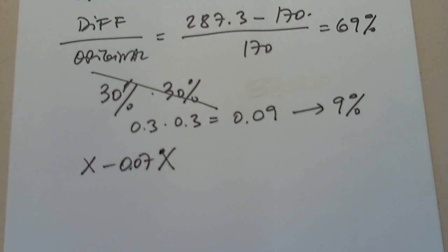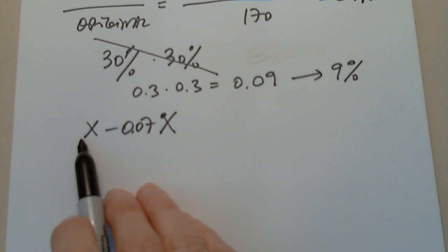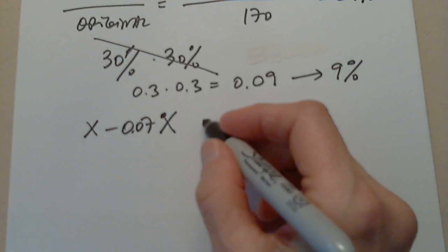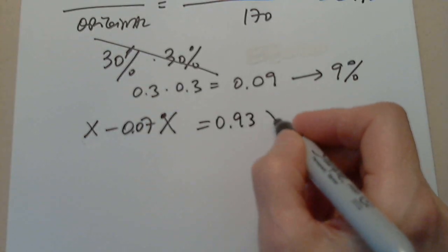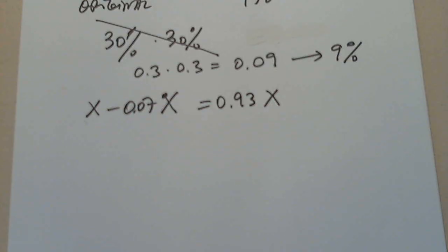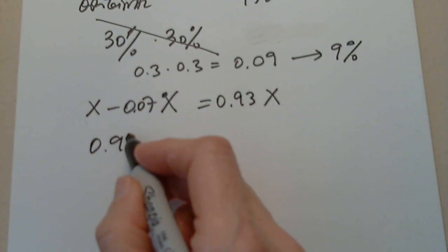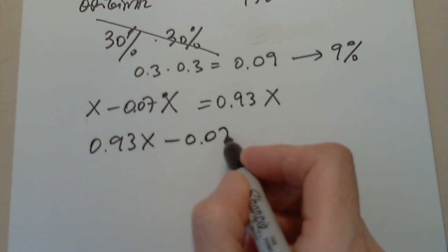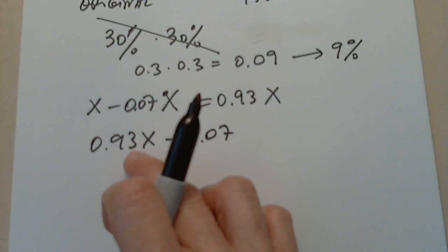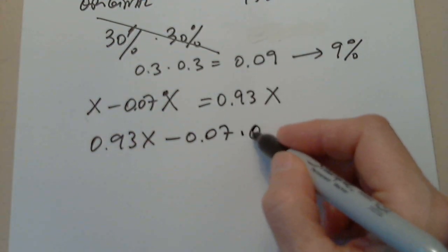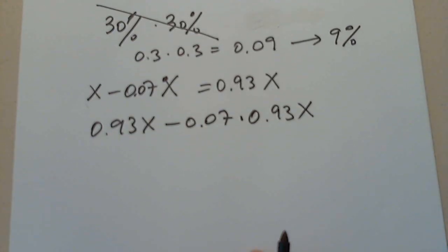If you decrease an amount by 7% 3 times in a row, what percent decrease results? So from the original amount, I subtract 7% and I get 0.93 times x. Then from 0.93x, I subtract 0.07 of the new amount, 0.93 times x.